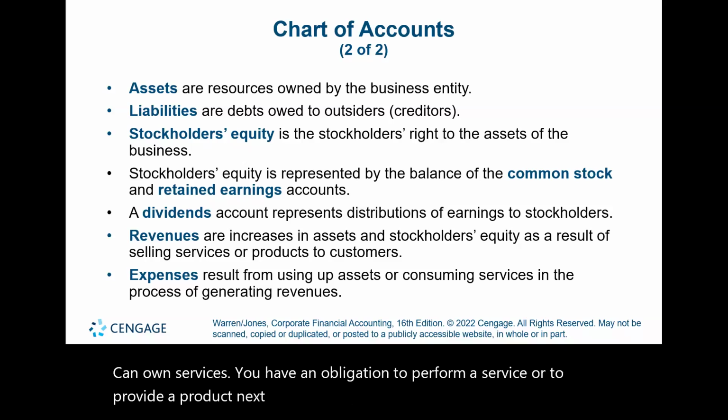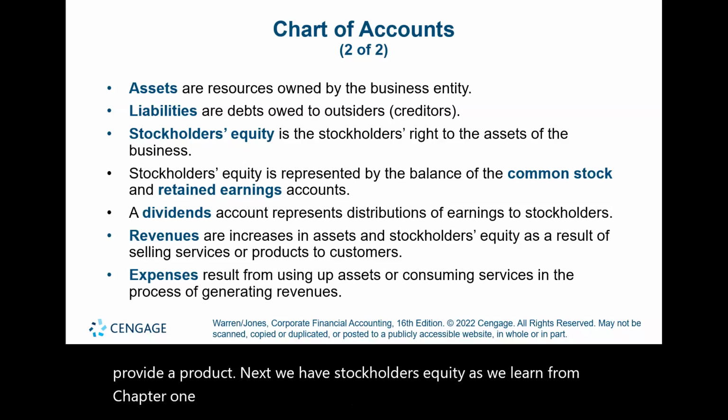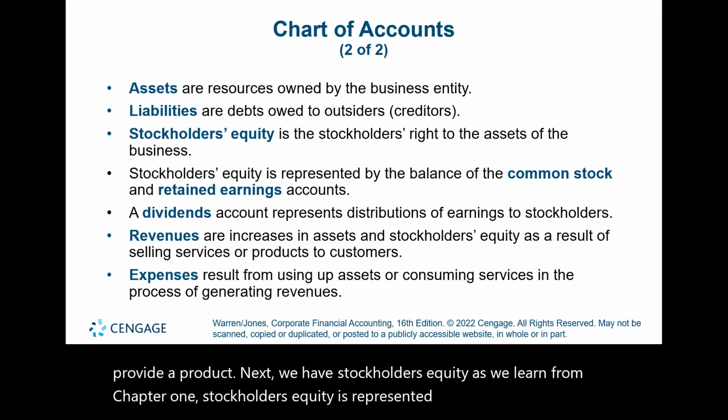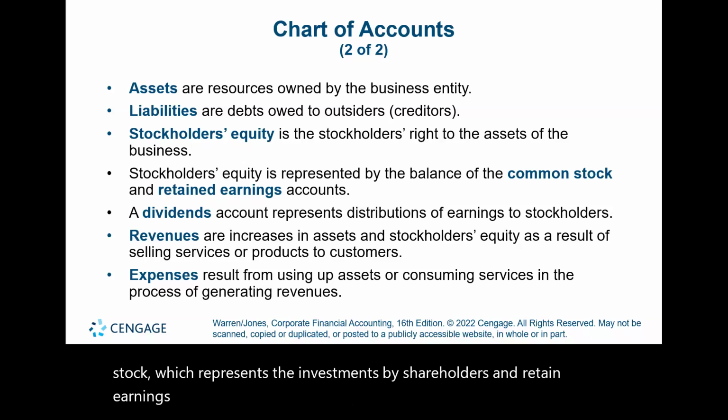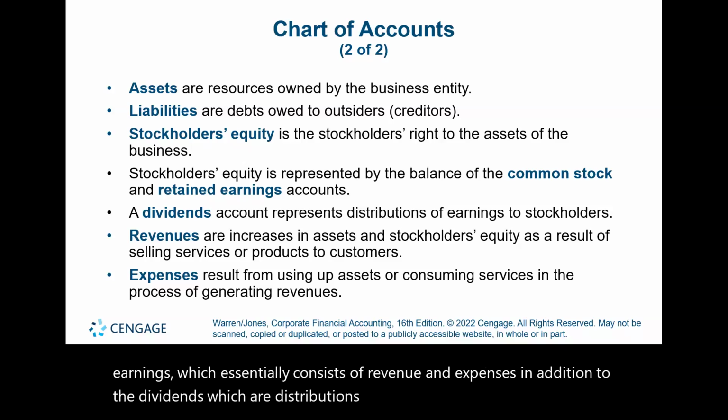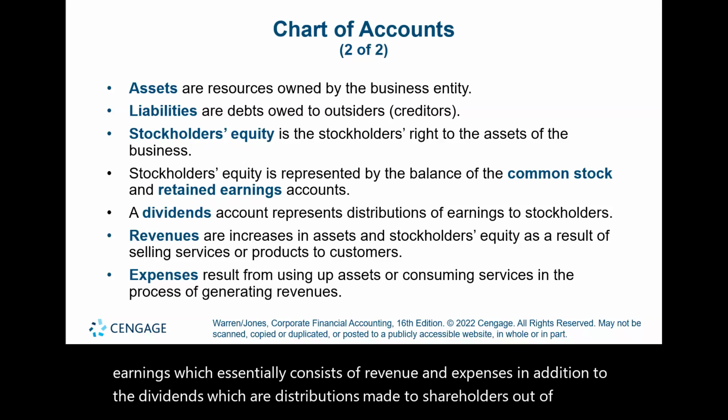Next, we have stockholders' equity. As we learned from chapter 1, stockholders' equity is represented by the balance in common stock, which represents the investments by shareholders, and retained earnings, which essentially consists of revenue and expenses, in addition to the dividends, which are distributions made to shareholders out of the retained earnings account.